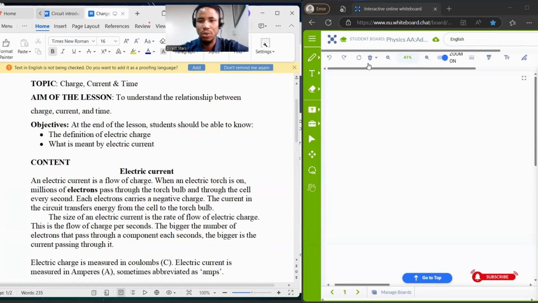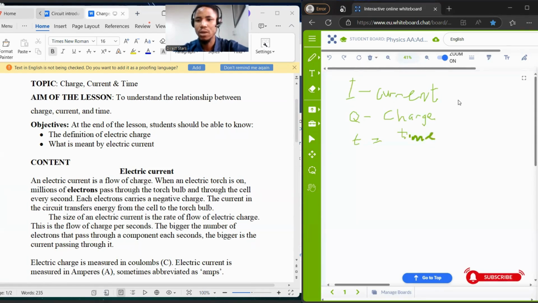Electric current is represented with a capital I. Charge is represented as Q. And we have time, which is T, the time taken. Current is measured in amps, capital A. Charge is measured in coulombs. And time is measured in seconds.